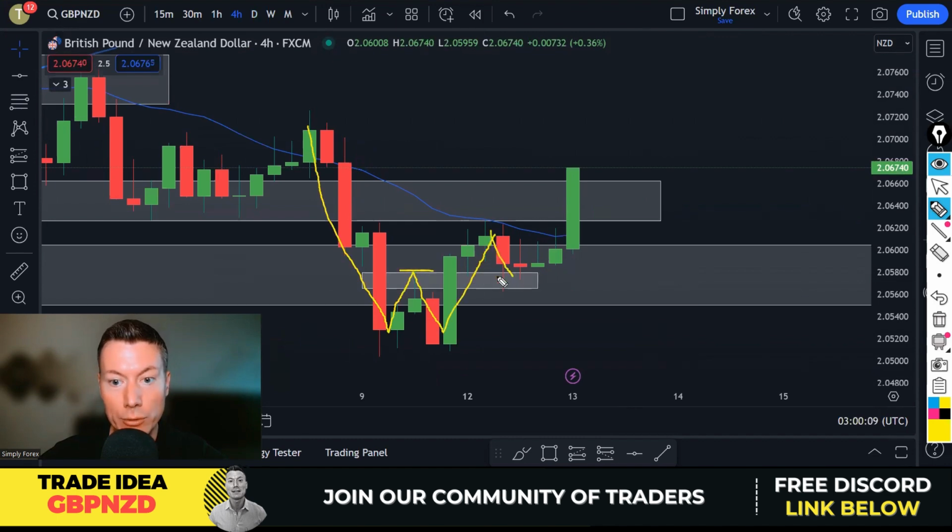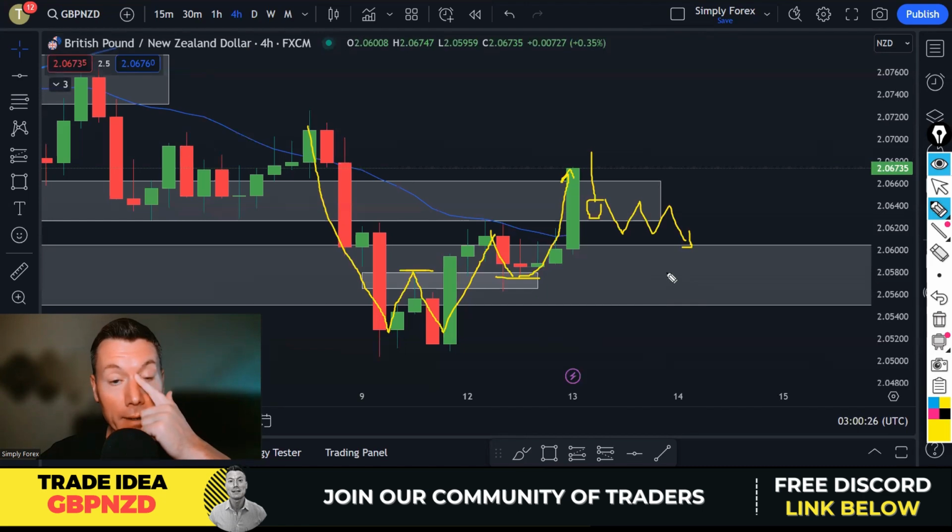Price has bounced off that level again, and we find ourselves here. Clearly we do not want to sell that right now. But if we start seeing a big bearish H4 reaction followed by an H1 structure break or something like that, then we're interested. And admittedly, that might not happen today, but I'm still interested in the level of pound New Zealand dollar.